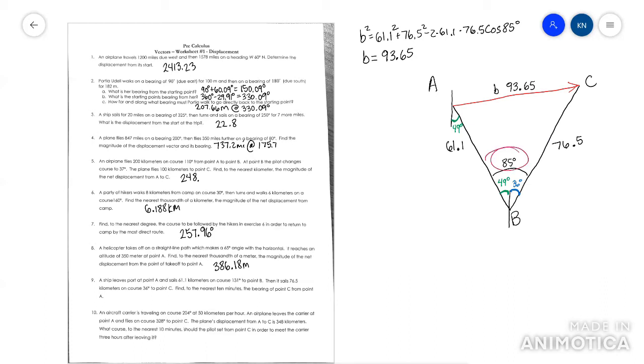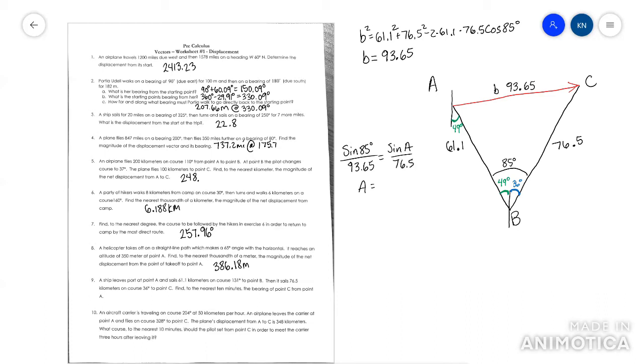So I'm going to use this and this for my law of sines, and I'm going to find this angle right here. It would look like this: sine of 85 degrees to 93.65 equals sine of angle A to 76.5.